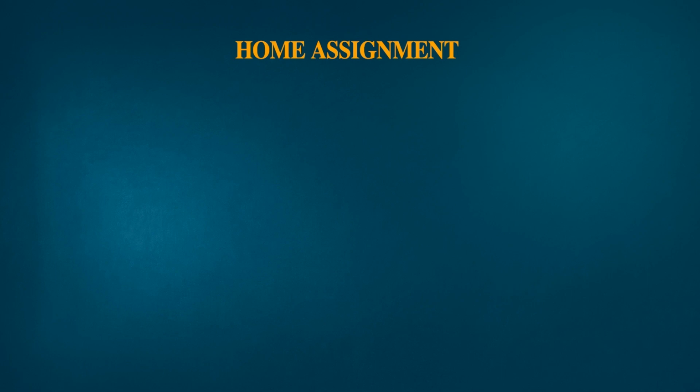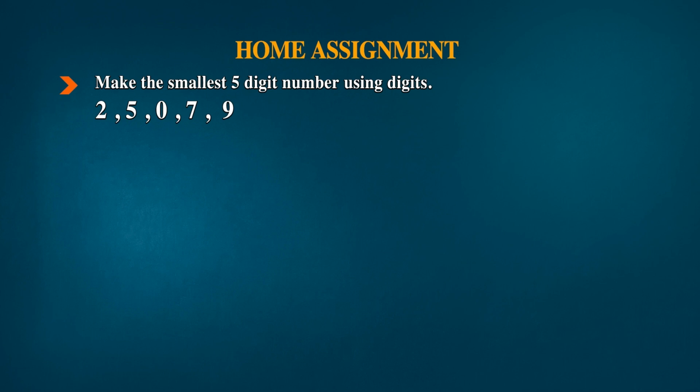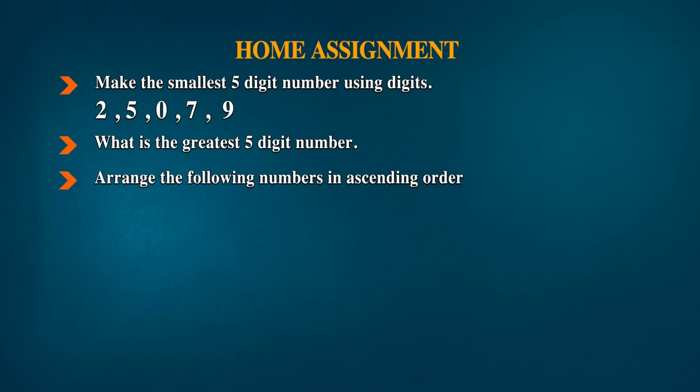Home assignment. Make the smallest 5-digit number using digits 2, 5, 0, 7, 9. Next question is, what is the greatest 5-digit number? Question number 3 is, arrange the following numbers in ascending order.